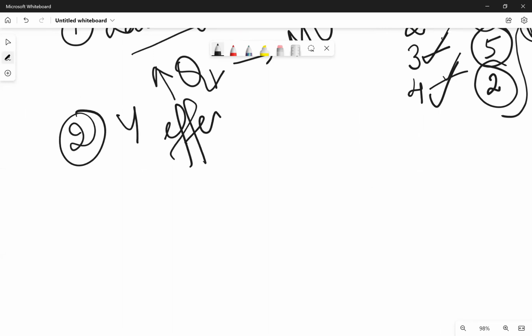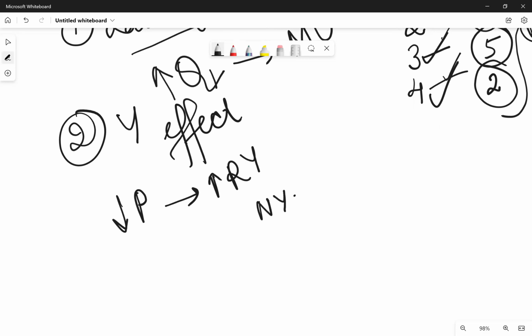Okay, now according to this effect, if there is a fall in price, this will increase your real income, that is the number of units that can be bought from it. So for example, your nominal income is rupees 100 and the price of a good is rupees 5, right?